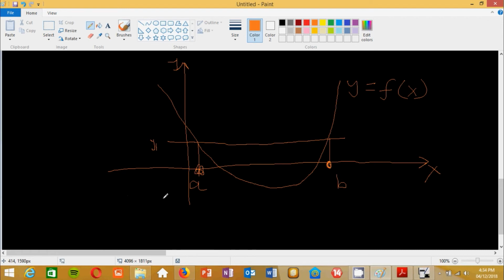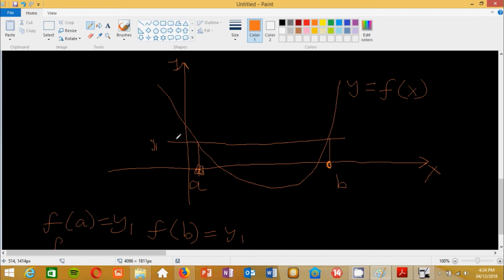So what do you notice here? Well, f of A is equal to y1. But f of B is also equal to y1. So I have two values here, A and B, which are giving me the same y value.